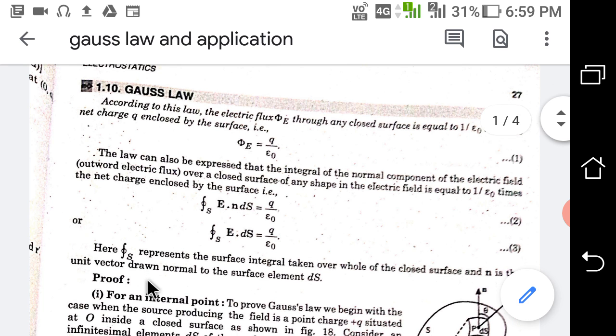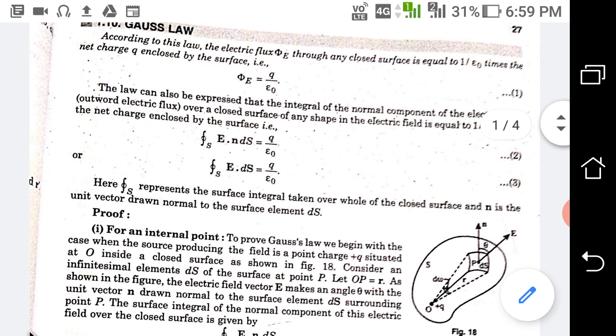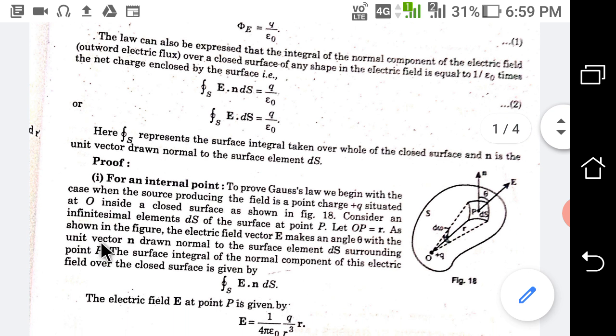Now, according to Gauss law, here we consider two cases. Case 1 is for an internal point.